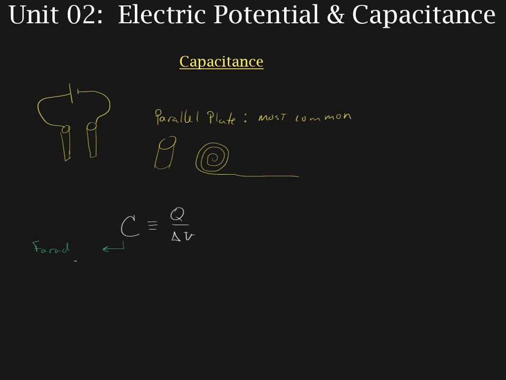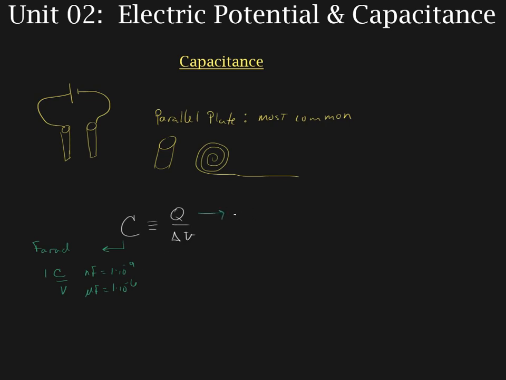The farad is 1 coulomb per volt. Typical values for capacitance are nanofarads, which is 1 times 10 to the minus 9, and microfarads, which is 1 times 10 to the minus 6 farads. These are the most common, but they get larger and they do get smaller.